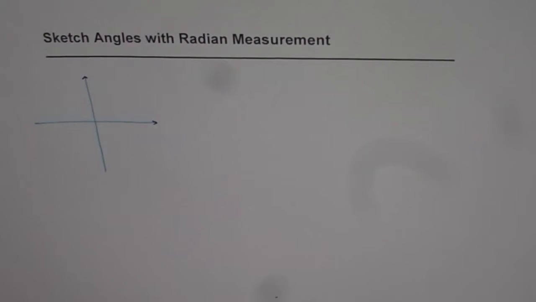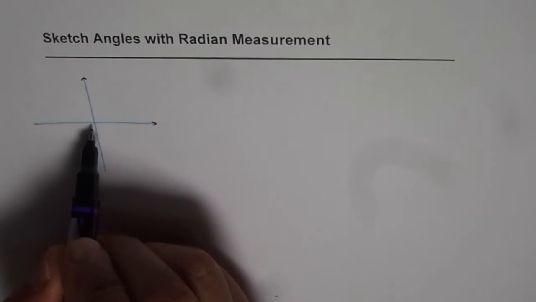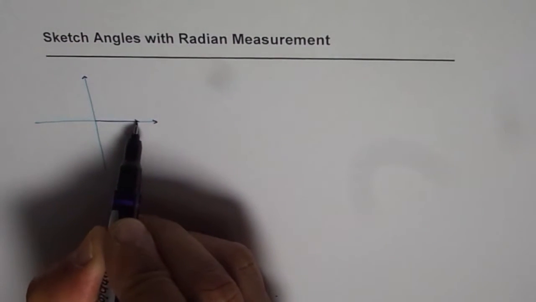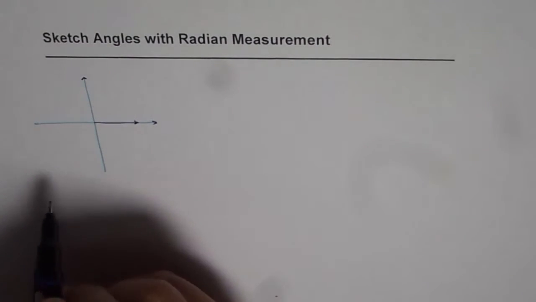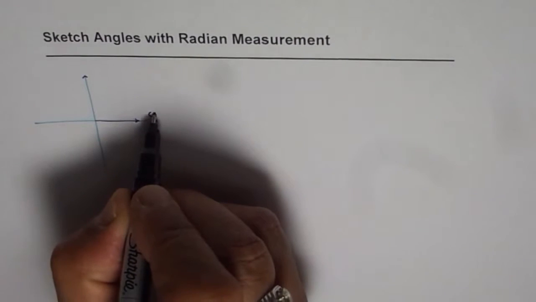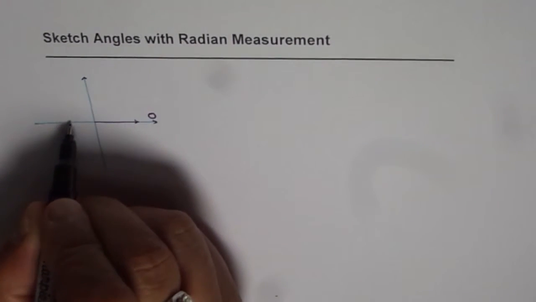Now, when we talk about radian angles, we assume that the angle starts with the initial arm along the x-axis, right? So that is the initial position. Now this angle is 0 radians. Now 180 degrees is pi radians.